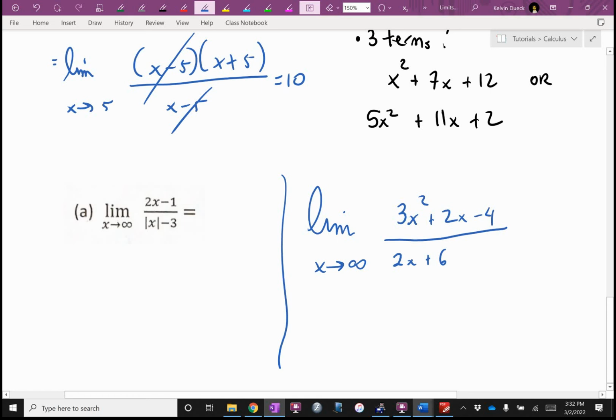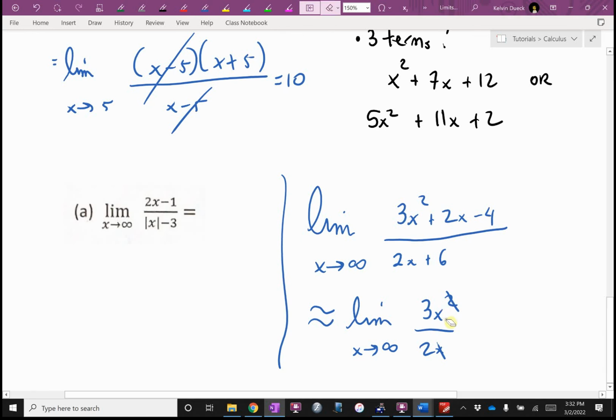This limit will be really similar to, the symbol for approximately equal to is a curvy equal sign, the limit as x approaches infinity of just 3x squared over 2x. One of the x's cancels, so it'll be really similar to 3x over 2.